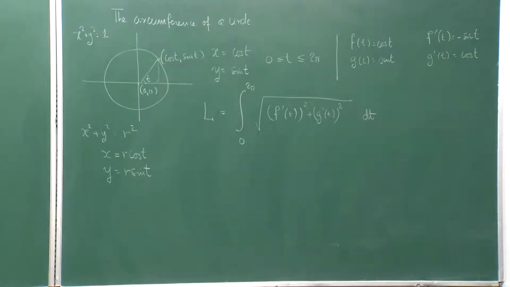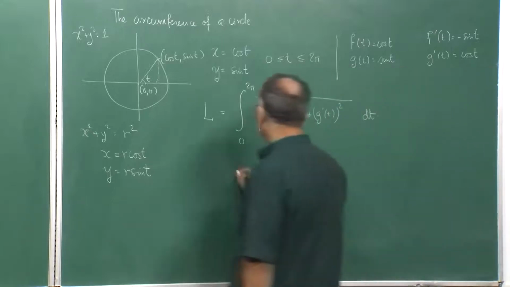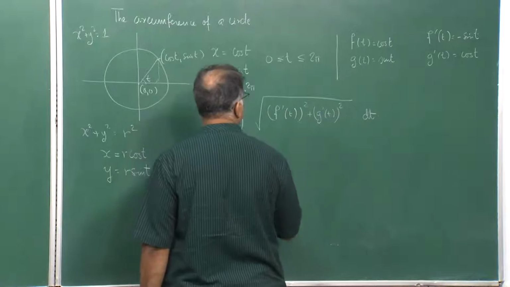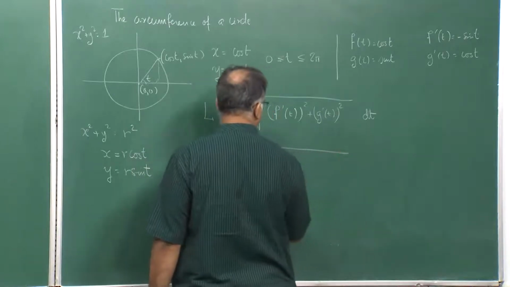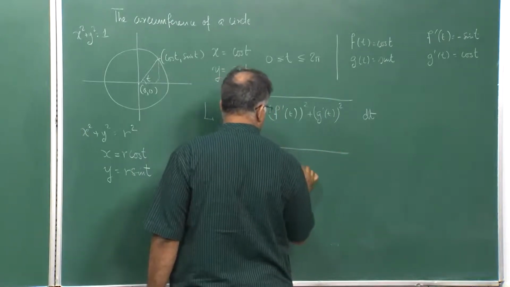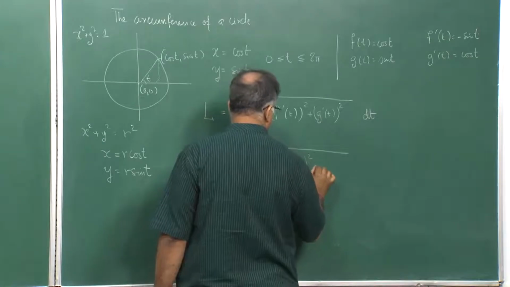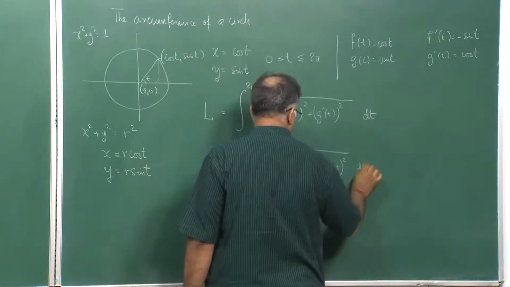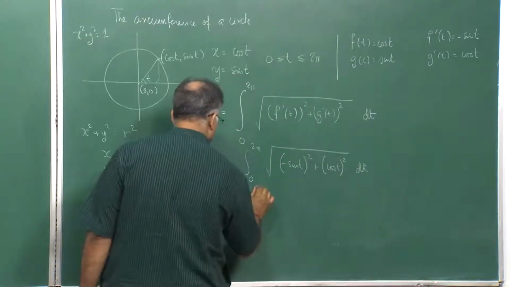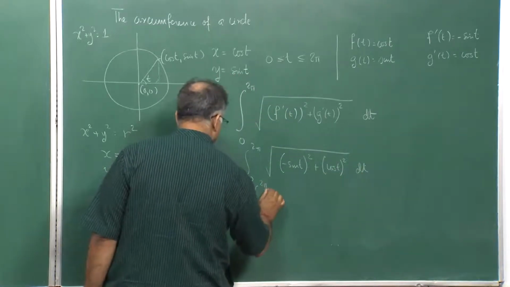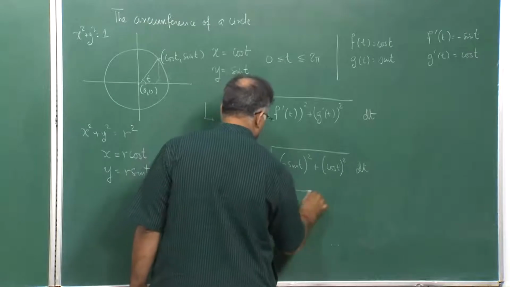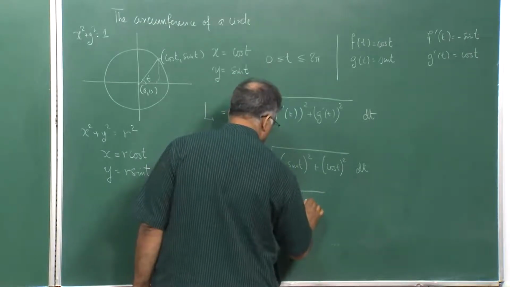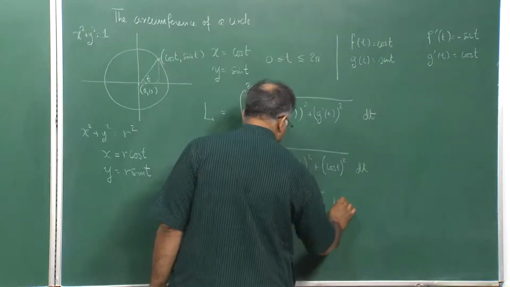So, what do you get? Here you will get 0 to 2 pi root over minus sin t square plus cos t square dt, and that will become 0 to 2 pi root over sin square t plus cos square t dt.